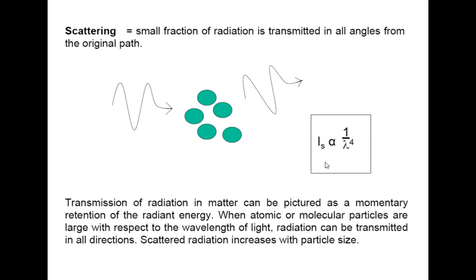In this case, matter is what we are analyzing, the analyte, atoms, molecules, all right? So for the scattered light, we are saying a small fraction of radiation is transmitted in all angles from the original path. This is represented here very simplistically to give us the idea.